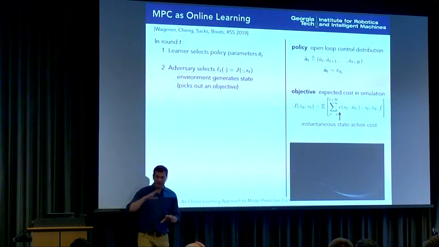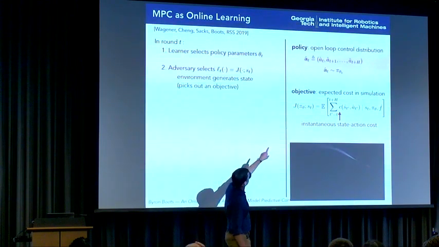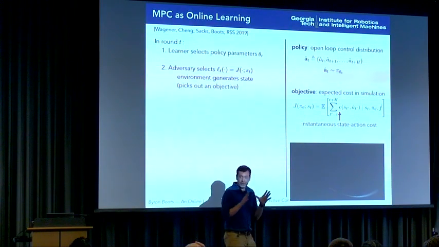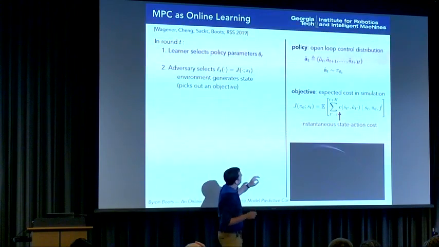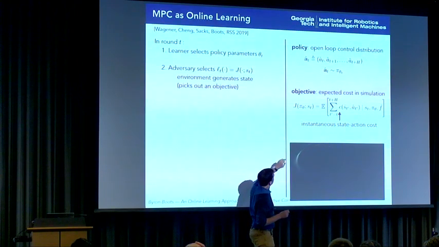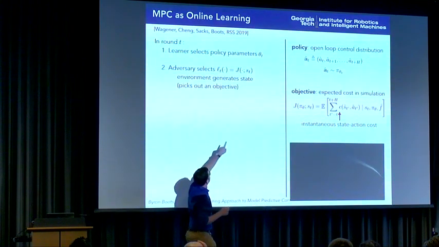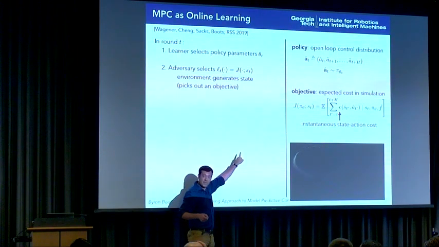This produces a closed loop controller, and the place that the state estimate fits in is that first I generate this control distribution, then I estimate my state action sequence with my simulator, given the state that the state estimator gives me.